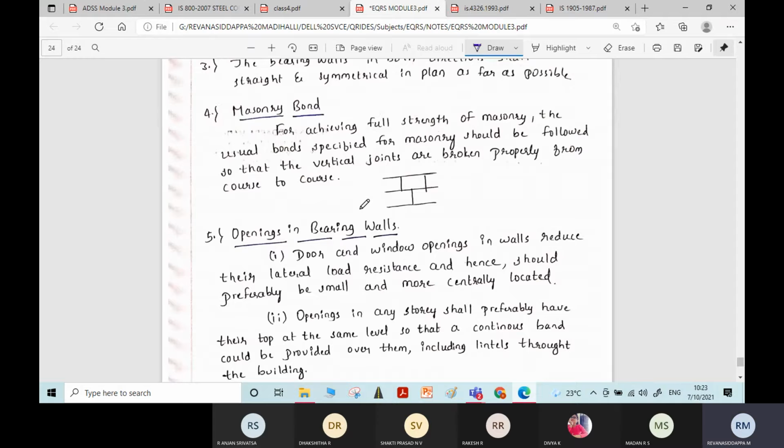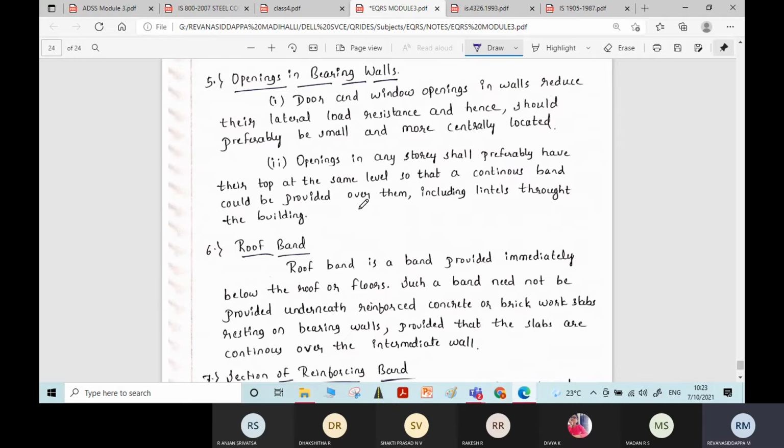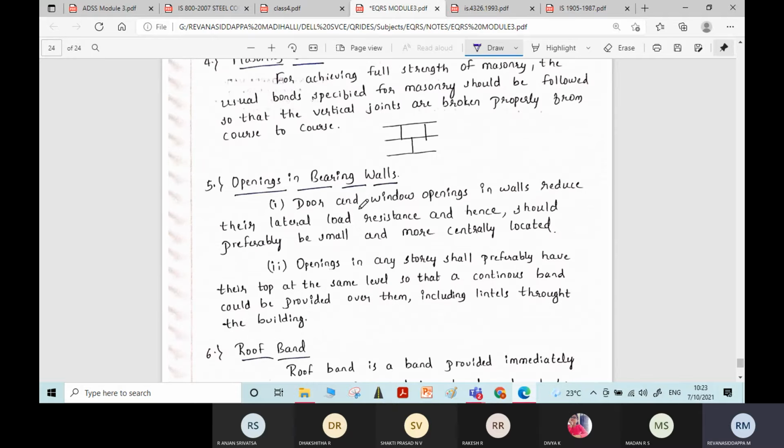Then coming to the openings in bearing walls. As far as possible, the openings in the walls should be less, especially in bearing walls. Load bearing walls means the full load is handled by the walls only. There is no column and beam.